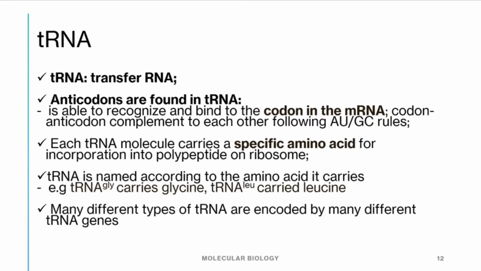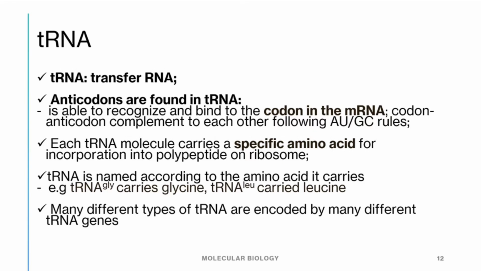And if they are able to base pair perfectly, the tRNA is going to leave the amino acid to the ribosome, and then it will leave the ribosome later on. So tRNA basically acts as a transfer mechanism to carry the correct amino acids to the ribosomes to be assembled into proteins.